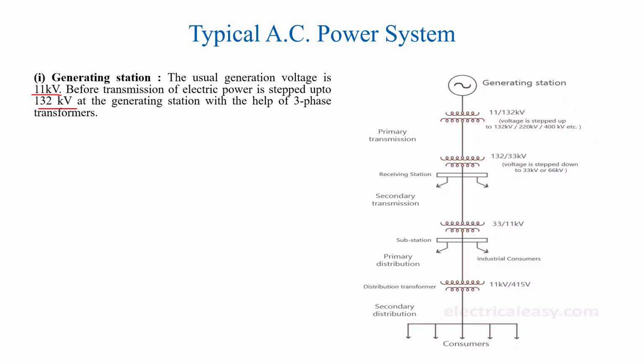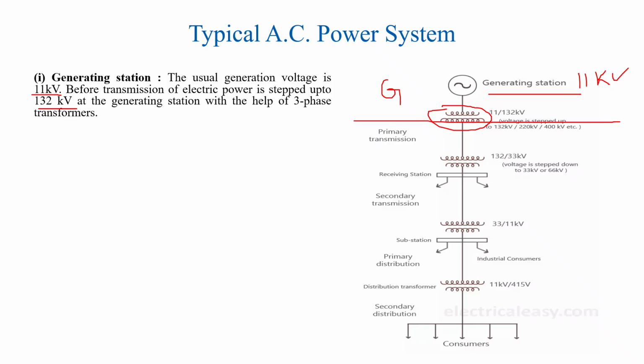From the diagram you can see that in the generating station, the power generated is 11 kV. There is a step up transformer which steps up the voltage from 11 to 132 kV, and then it is transmitted. Up till here it is generation. Then, as you can see, this is primary transmission and secondary transmission.